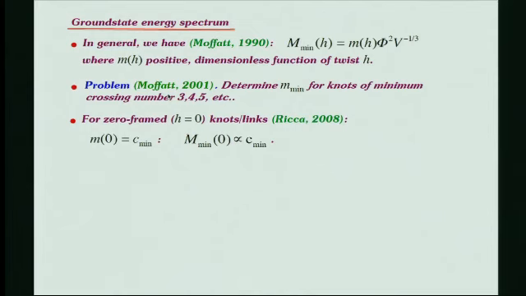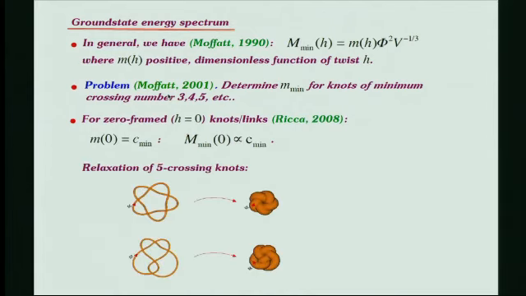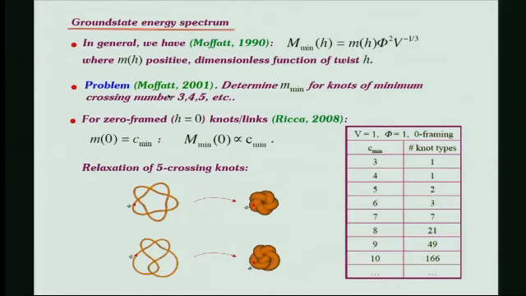That's nice, but of course, the question is that we may have same C min knots that might relax to a minimum energy that in principle might not be the same. And this is of course very clear when you inspect the knot table. For each topological crossing number, only up to 4 we have just one knot type, and then knot types increase exponentially.